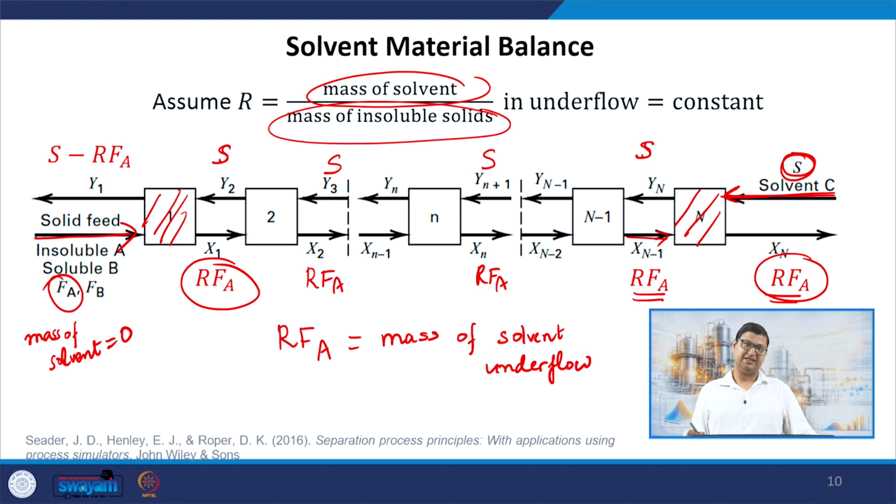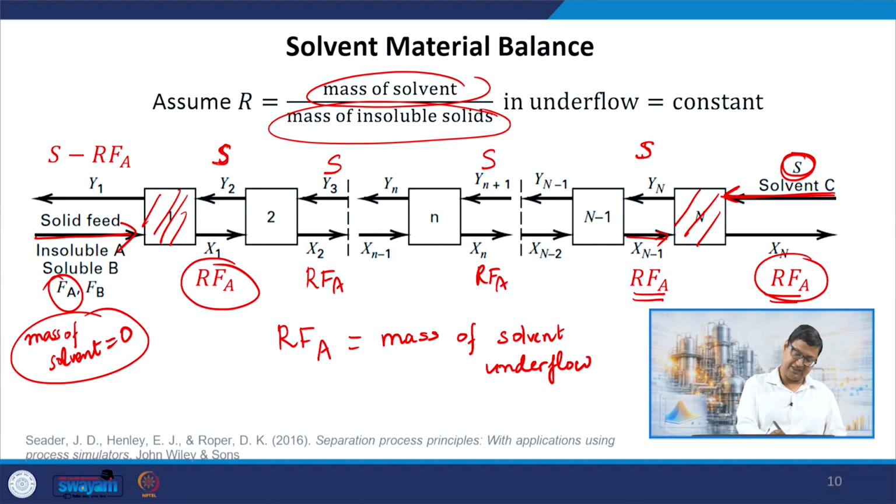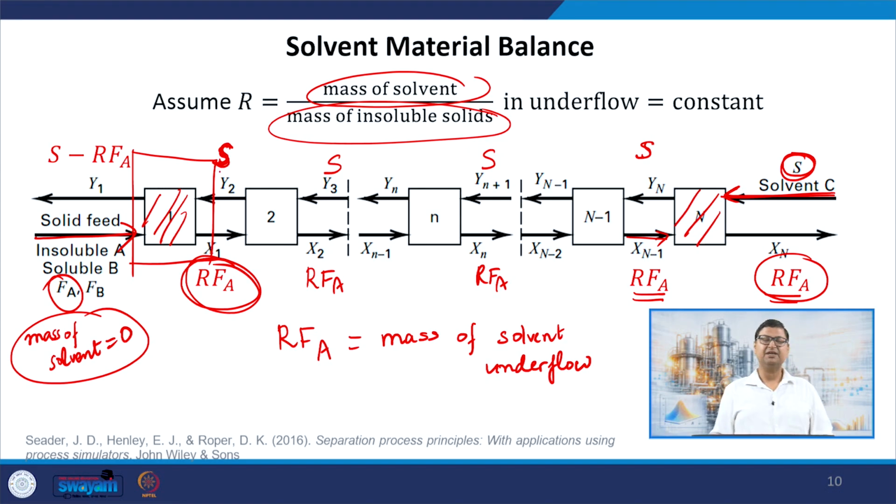In the first stage, the feed contains no solvent. So out of this S that is coming in, RFA basically goes out in the underflow, right? If I do a mass balance over the first stage, the solvent coming in is S from the overflow, and the solvent leaving in the underflow is RFA.